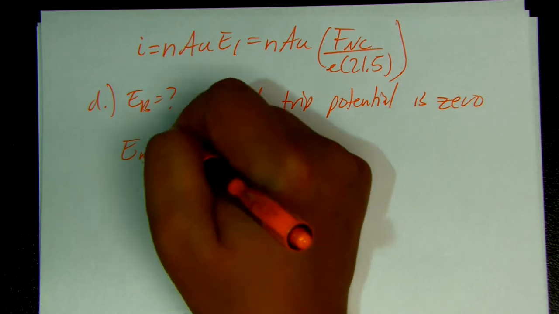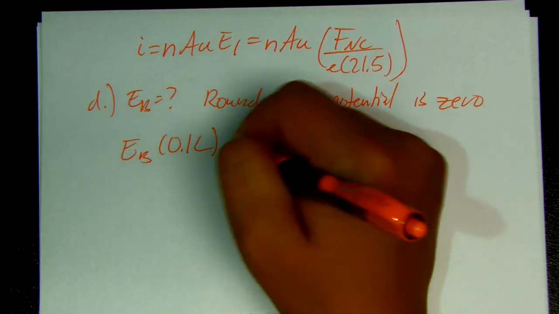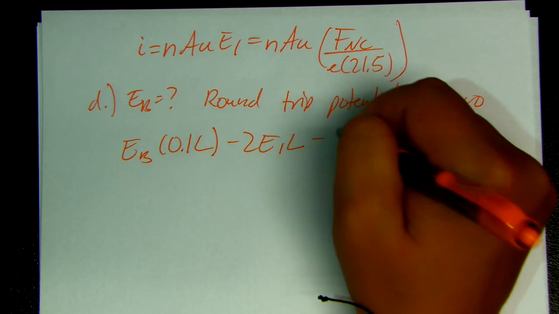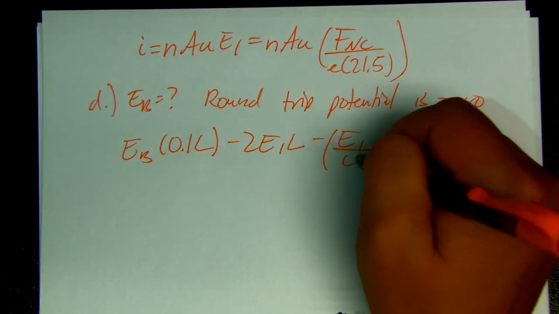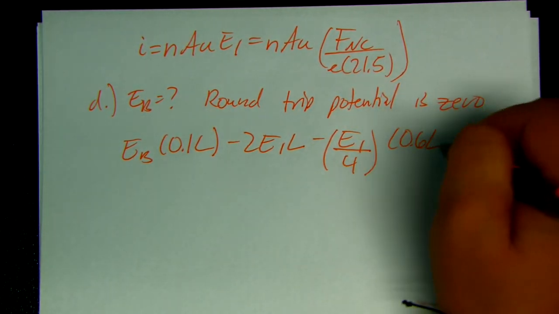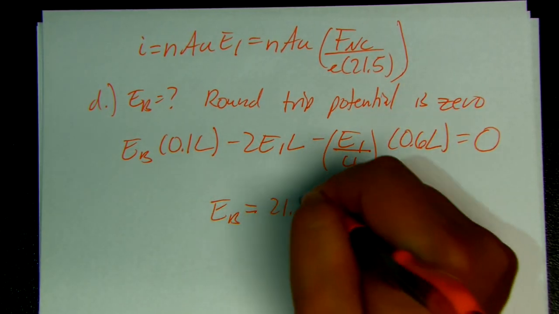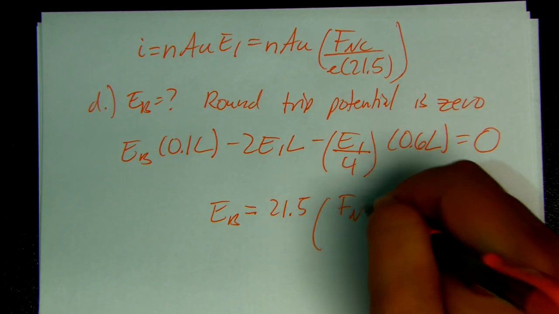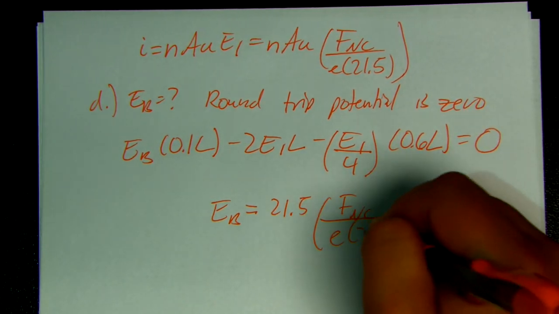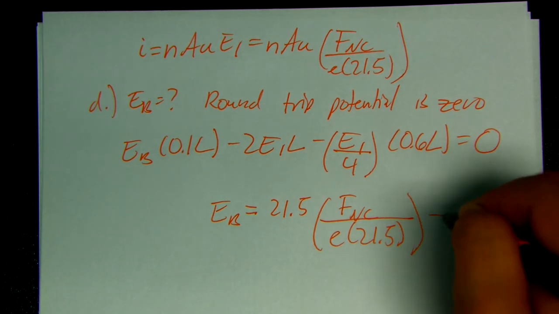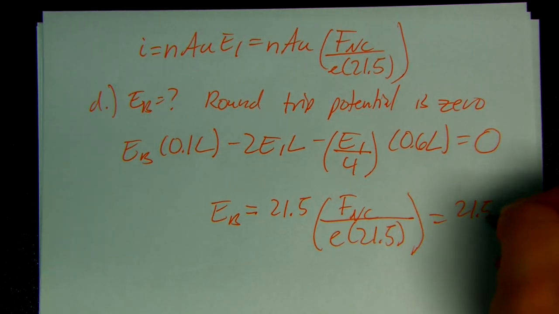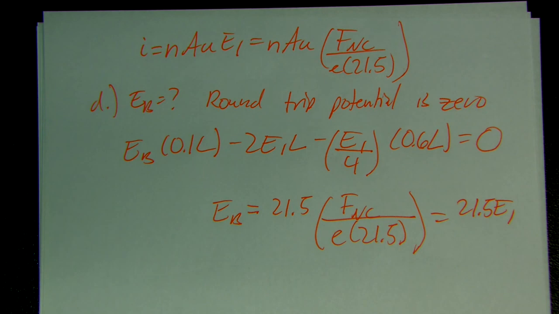And so the electric field of the battery, 0.1 L minus 2 E1 L minus E1 over 4 times 0.6 L is equal to 0. The electric field of the battery is equal to 21.5 force non-Coulomb over E 21.5, which is equal to 21.5 of E1. So basically, all we're doing here is we're bringing together current node rule and loop rule and manipulating these equations to find what we're looking for.